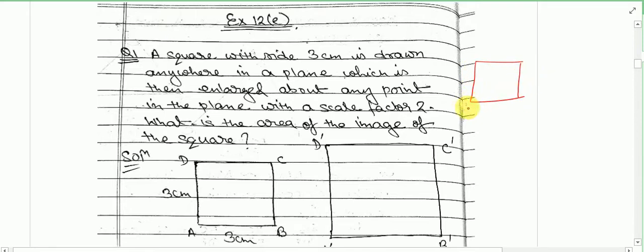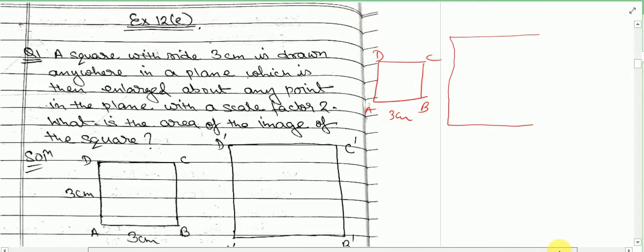there was one square, let's say A, B, C, D, and side was 3 cm. After that this square was enlarged. So it's not necessary that the model or image will always be smaller than the actual one.